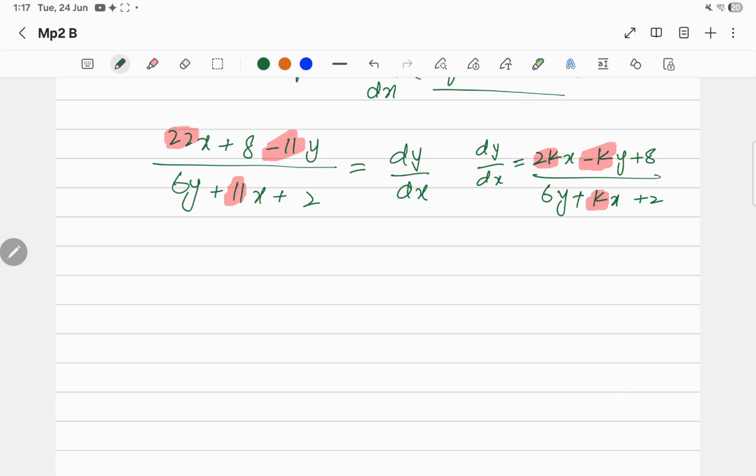From each comparison k is 11, so the value of k is 11.